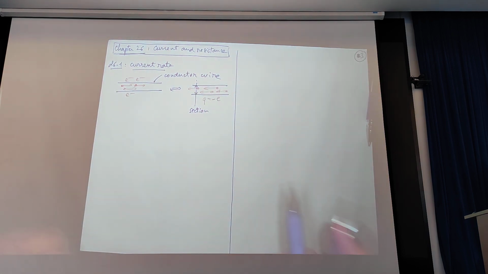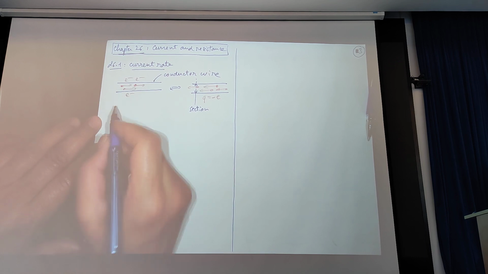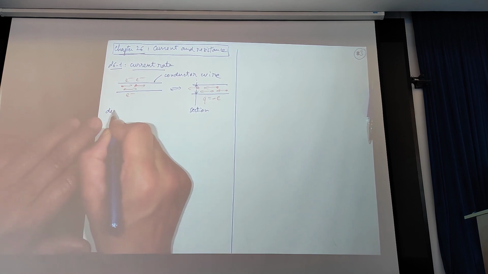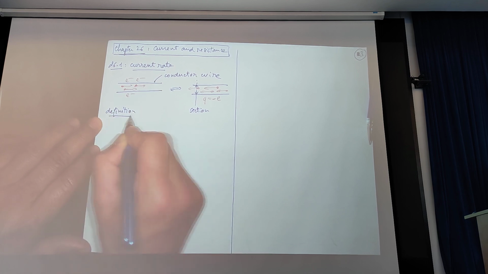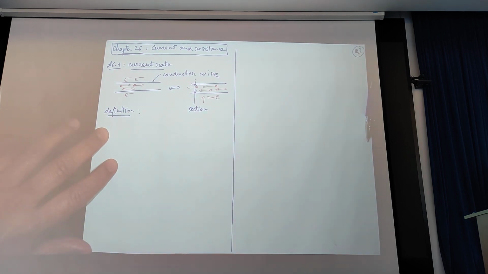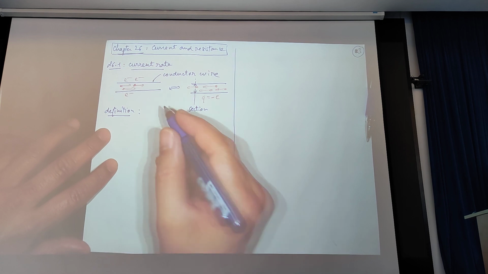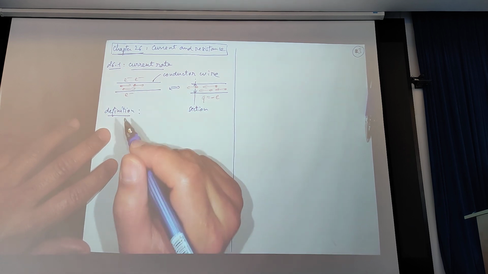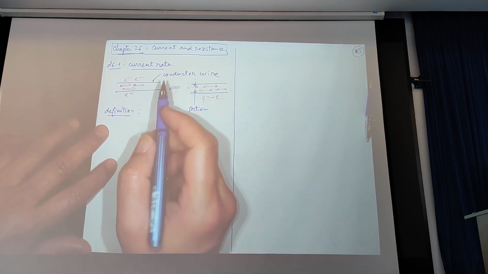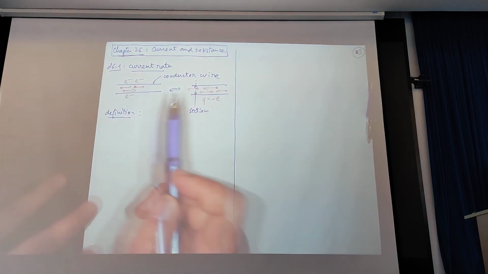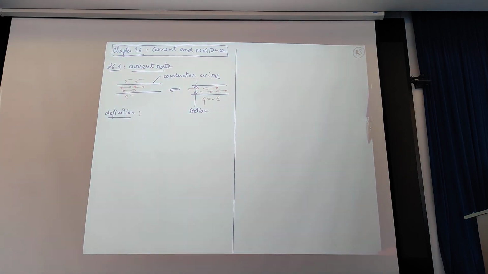When charges are moving in a conductor, it makes a current.